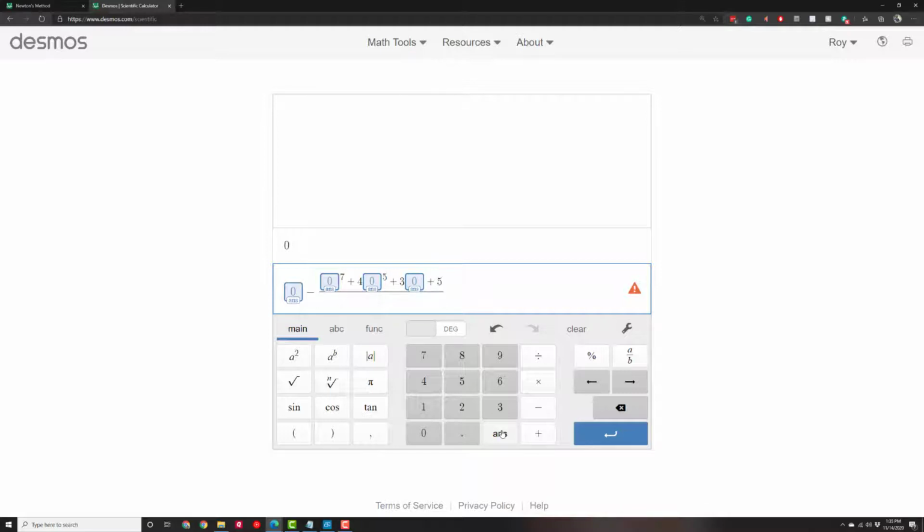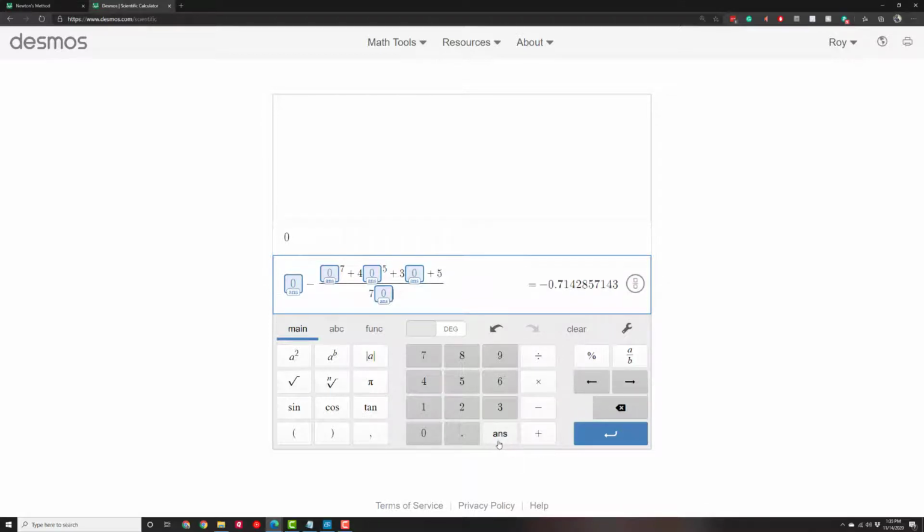That was your function. Your derivative was 7 times your answer to the 6th, and then plus 20 times your answer to the 4th, and then plus 3. And you get this.